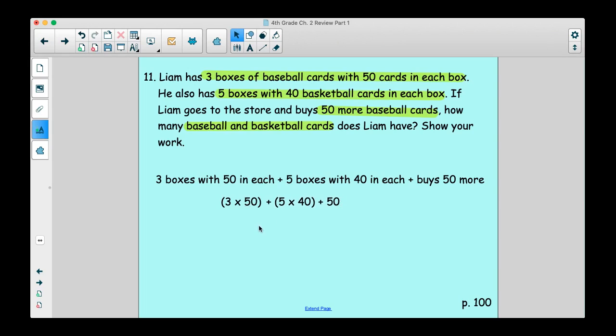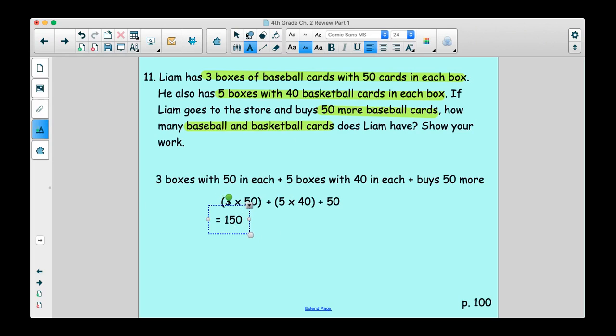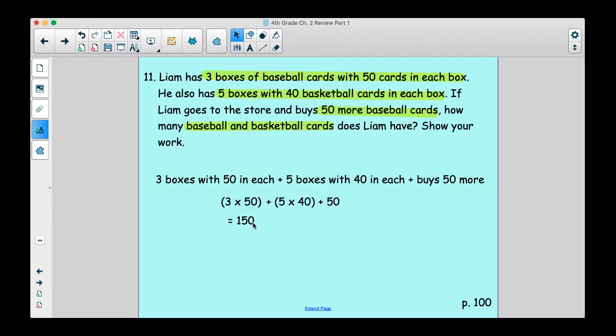So what would you do first? Think about that. Maybe you know 50 plus 50 is 100, and another 50 would make 150. So maybe you just already know that 3 times 50 is 150. Okay, then you have to do 5 times 40.